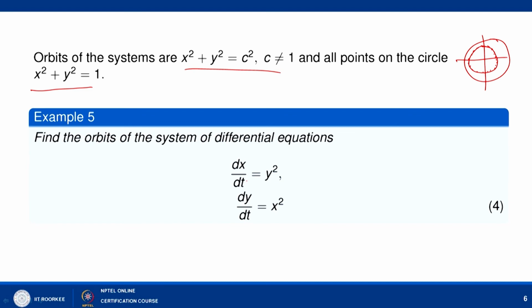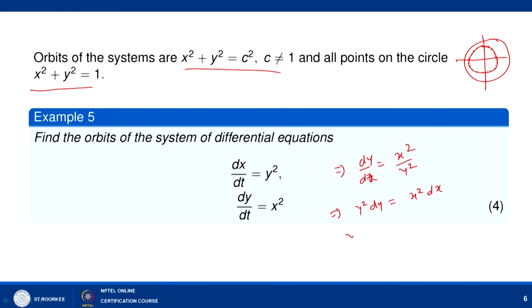Now, look at the orbits of the system of differential equations dx by dt equal to y square and dy by dt equal to x square. So, again if you find dy by dx, it is equal to x square upon y square, and you can say that y square dy equal to x square dx.